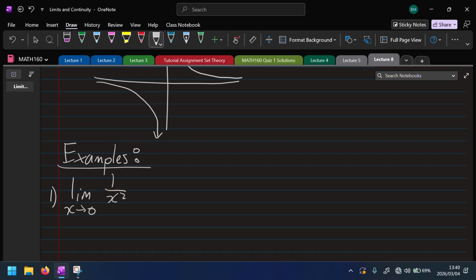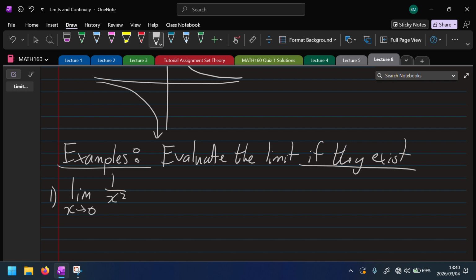You need to explain why it doesn't exist. I always add that onto the questions. So it will be evaluate the limits if they exist. There's always a possibility they don't. Otherwise, explain why they don't exist.